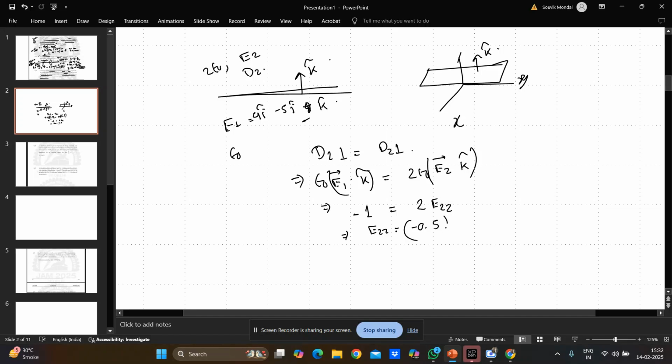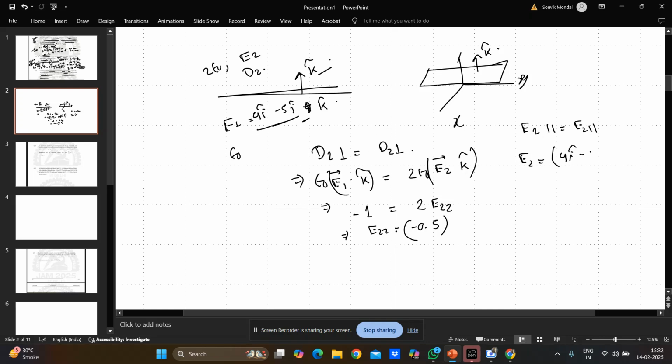And we know another boundary condition, that E1 parallel is equal to E2 parallel. So what is parallel to the xy plane? Parallel to the xy plane is the xy plane itself. Perpendicular is k cap, but parallel is the xy plane. So E2 is simply the parallel component, perpendicular to k cap, the i and j components in the xy plane.